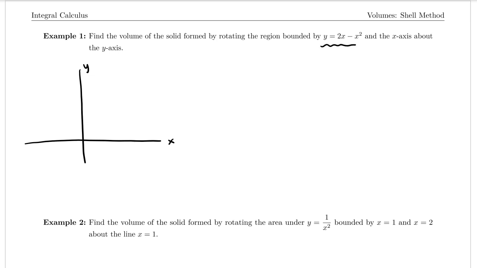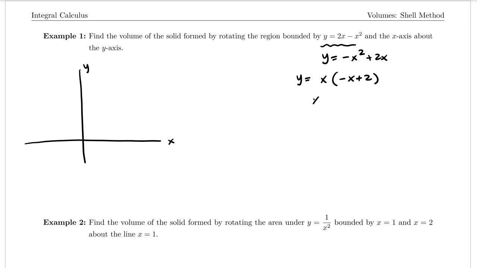I know that y equals negative x squared plus 2x is a parabola when I graph it, and it is a downward-facing parabola. If I factor out an x, that would leave me with negative x plus 2.